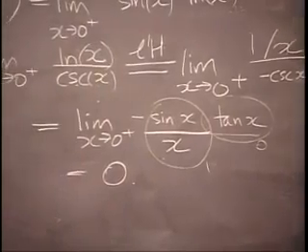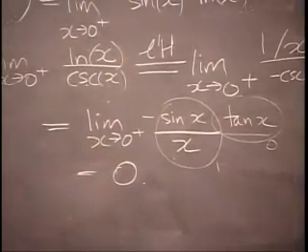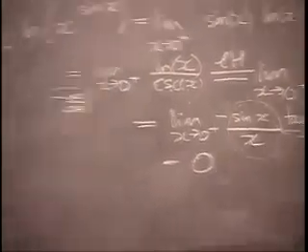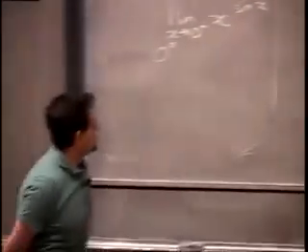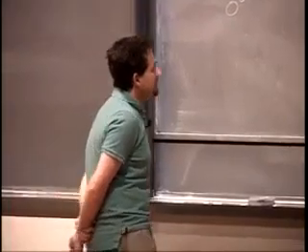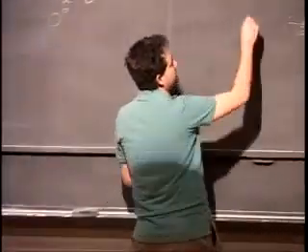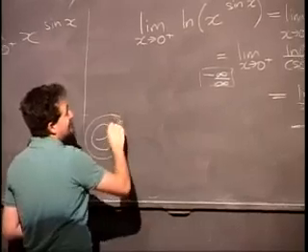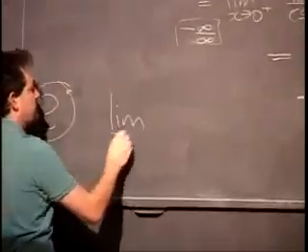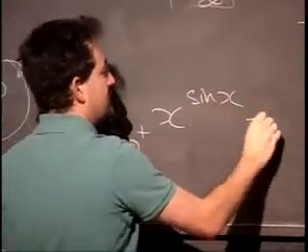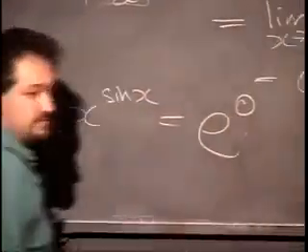Are we done? No. We didn't find the limit that we were looking for. We found a different limit. We found a limit of the logarithm. So if you exponentiate both sides of this, you get that the limit of the actual function is e to the 0, which is 1.